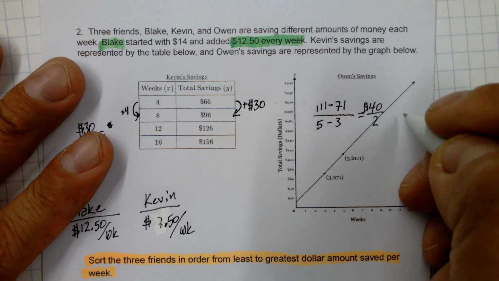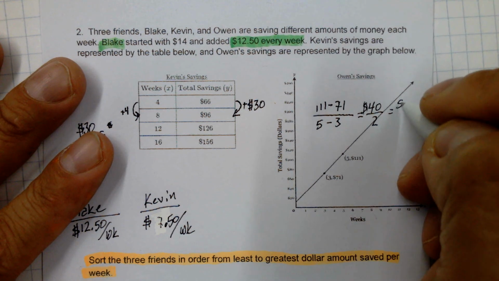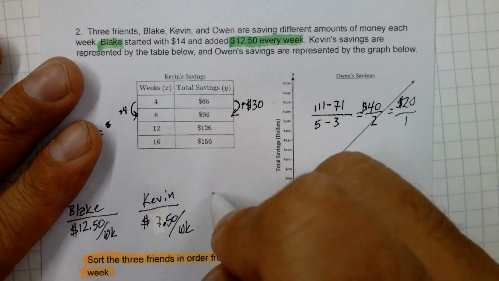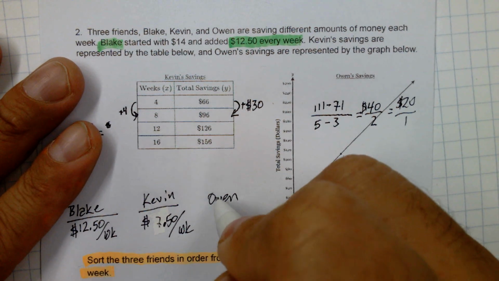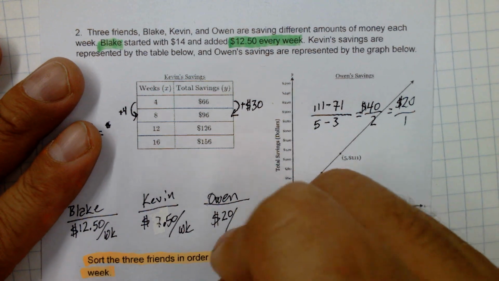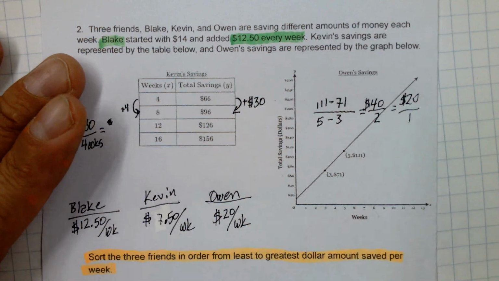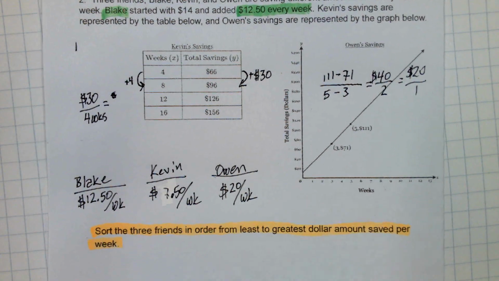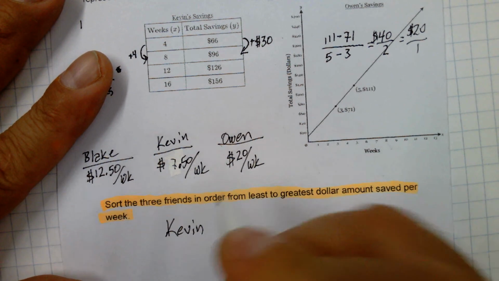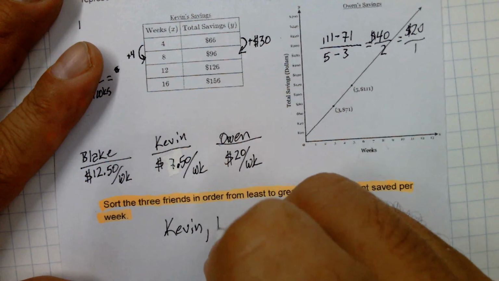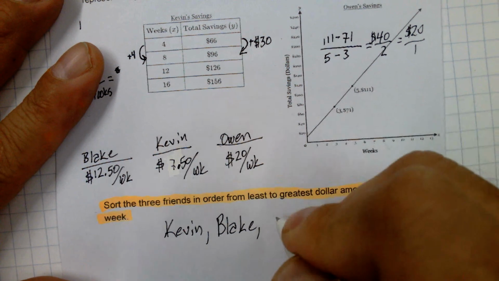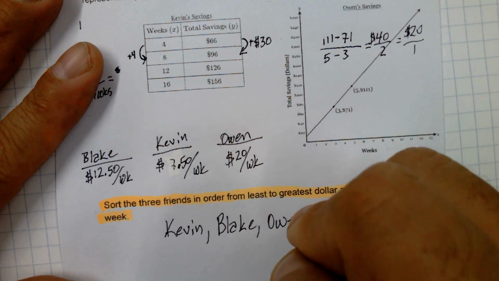So what does that turn out to be every week? For Owen, it's $20 per week. So who saved the least? Kevin goes first. Then Blake. And then Owen saved the most.